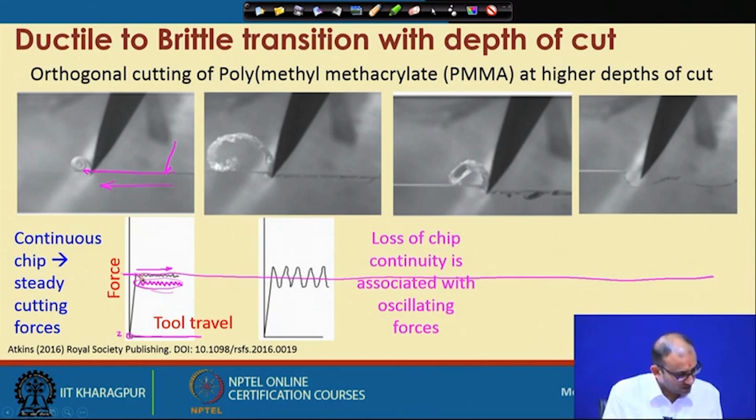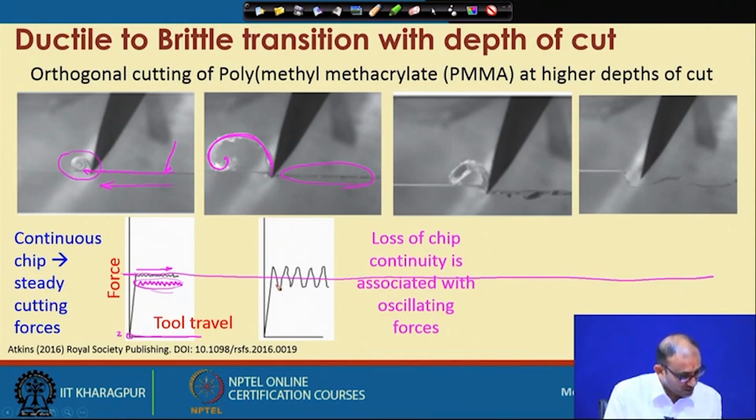It was oscillating with a very small amplitude, but now the amplitude has increased, because you are getting some fracture on the machined surface, and chip removal is not very efficient compared to the first figure.